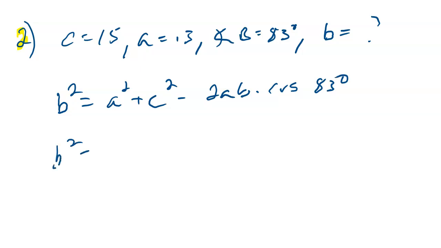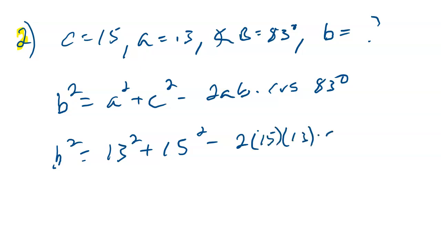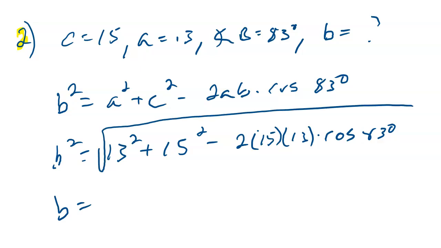So B squared is equal to 13 squared plus 15 squared minus 2 times 13 times 15 times cosine of 83 degrees. And so B is the square root of all this.